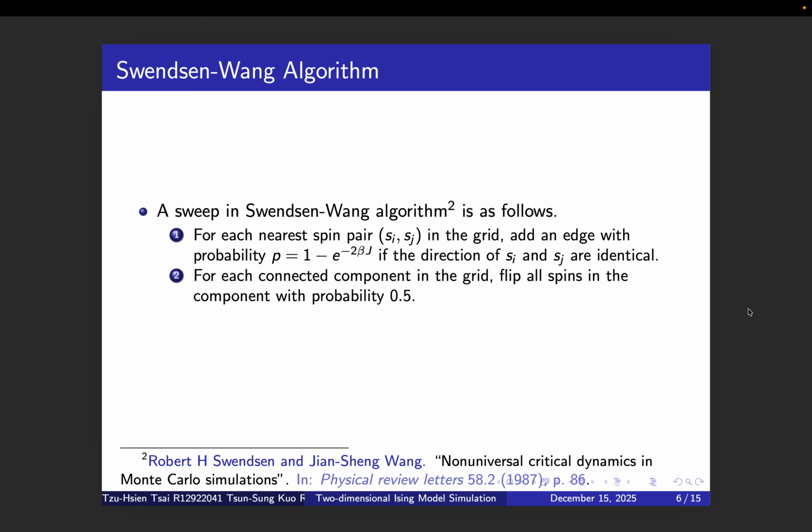After the edges are assigned, there is a graph on the lattice. For each connected component in this graph, the Swendsen-Wang algorithm will flip all the spins in it with probability 0.5.